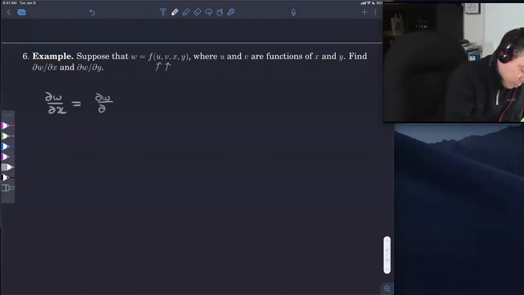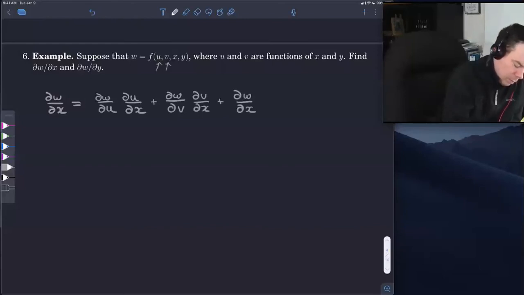derivative of w with respect to the first variable times that variable with respect to x, plus the derivative of w with respect to the next variable, v, times the derivative of that with respect to x, plus the derivative of w with respect to the next variable times the derivative of that variable with respect to x, plus the derivative of w with respect to the last variable, y, times the derivative of that variable with respect to x.